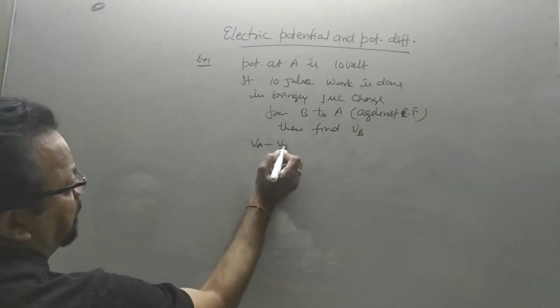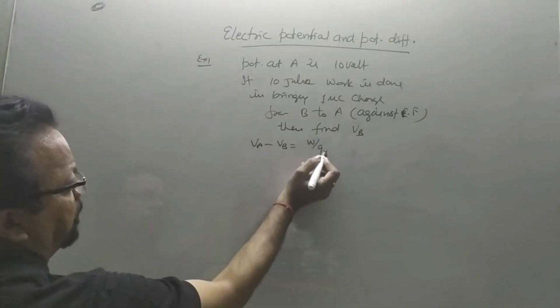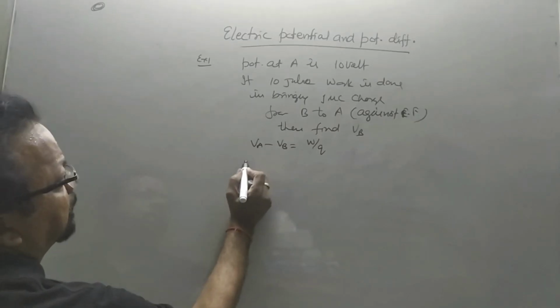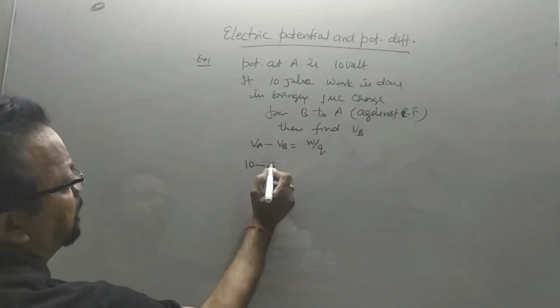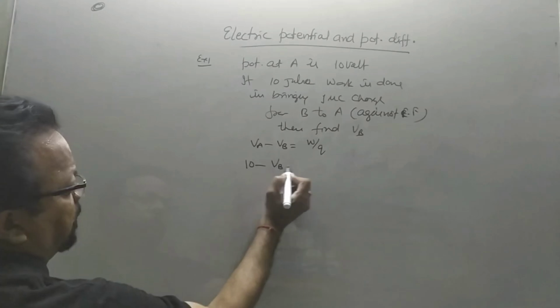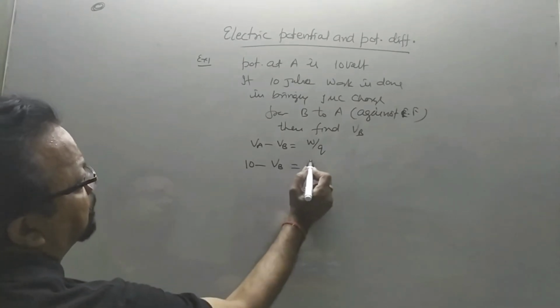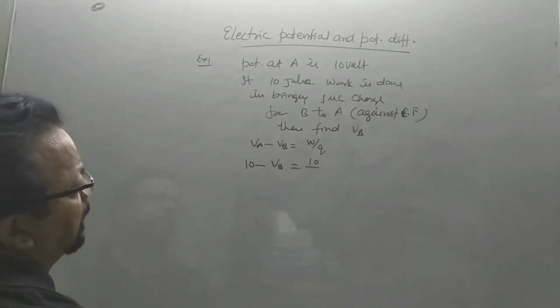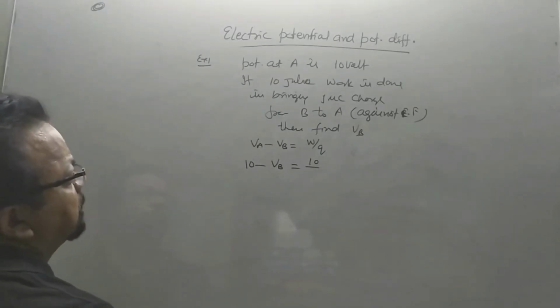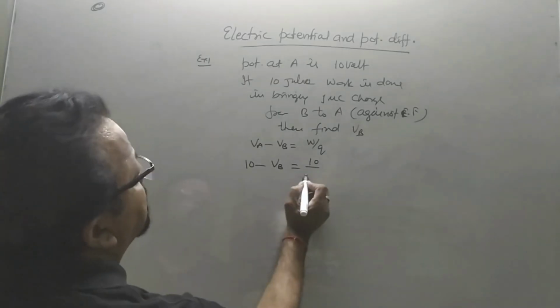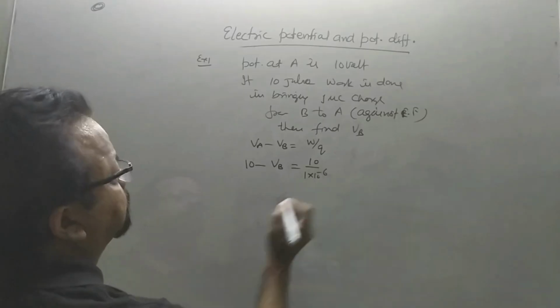VA minus VB is equal to W upon Q. VA is 10 volt, VB has to be determined, W is 10 joule and Q is 1 microcoulomb.